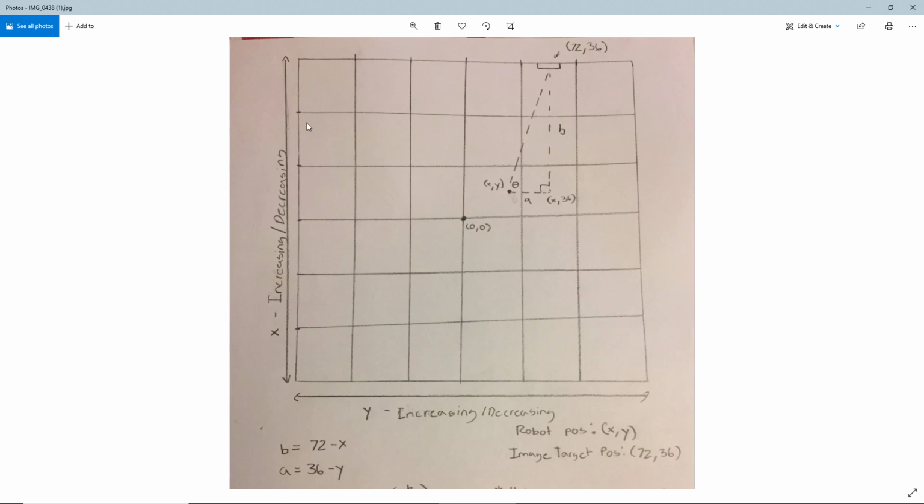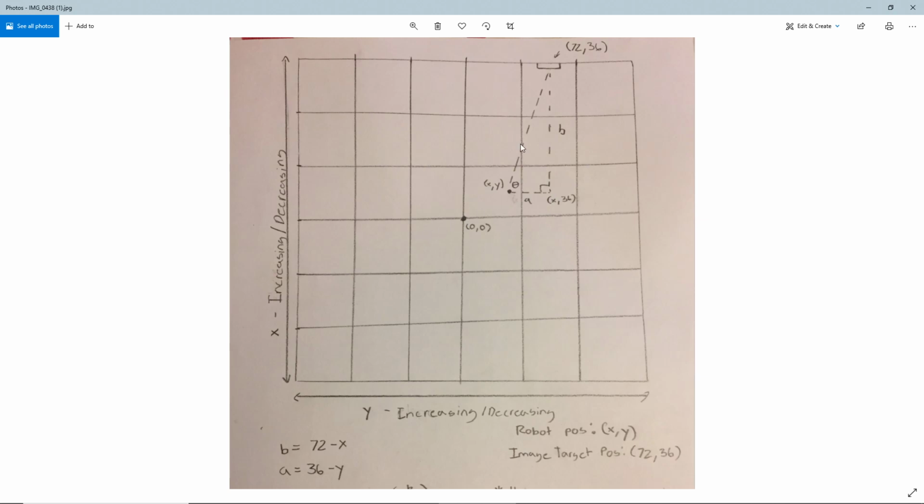If we're moving up, we're increasing from the origin. So if I move up, this would be increasing, increasing, increasing, and this would be decreasing for the X coordinates. And then starting from here, we're going to be increasing our Y coordinate, and starting from here, we'd be decreasing our Y coordinate.